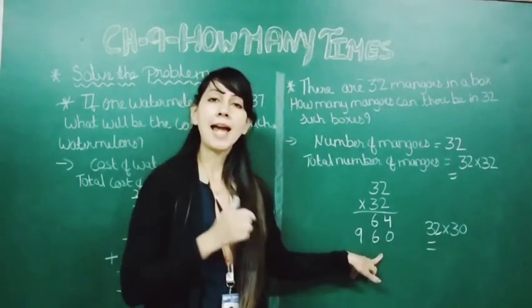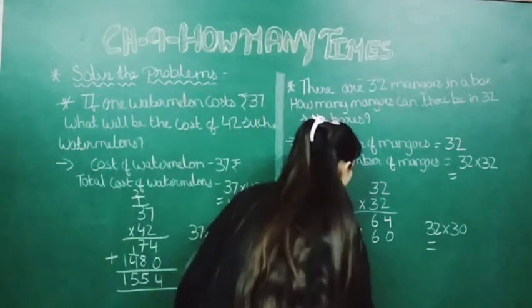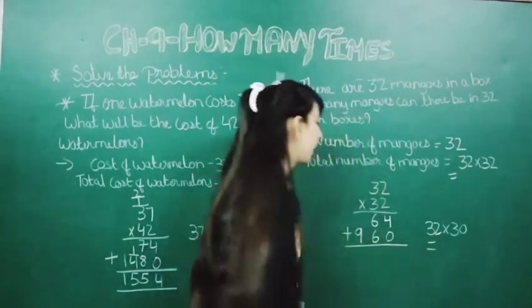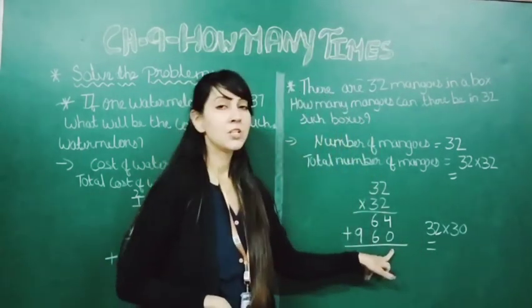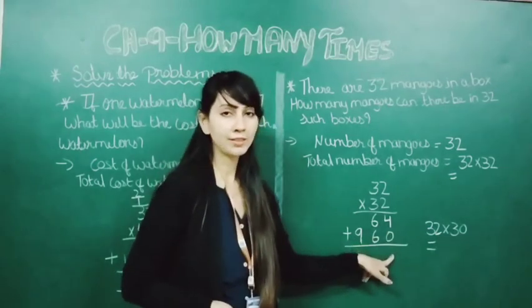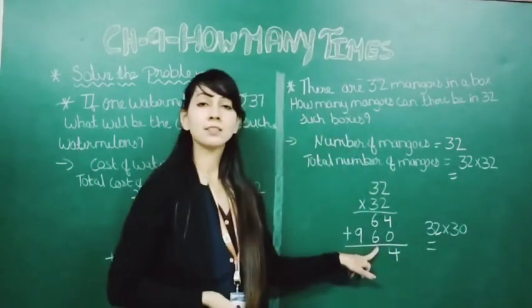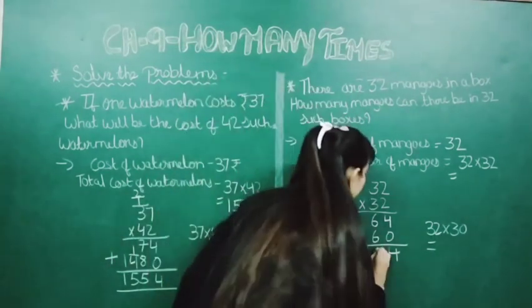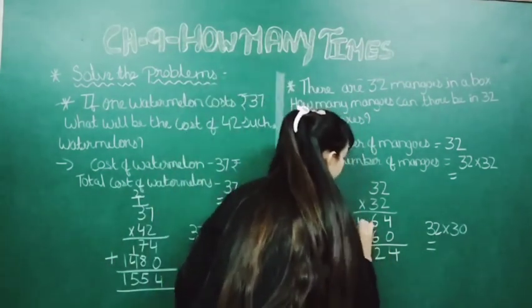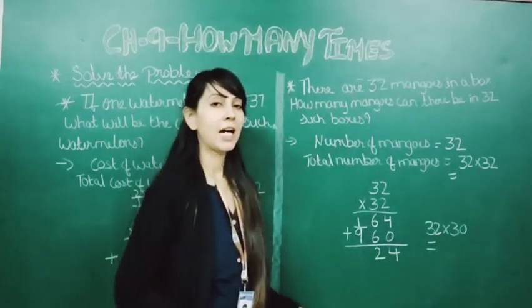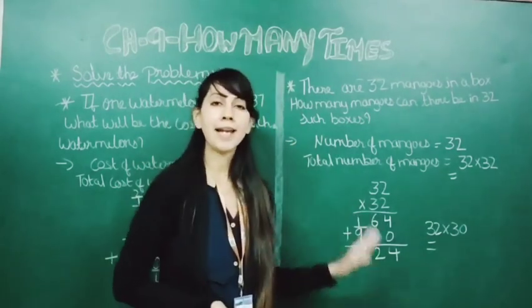Now we will just add this. Okay. We will do addition of this. Now here 0 is there. So here it will come 4 only. Yes. Now 6 plus 6 is 12. So here we will write 2 and here we will carry 1. Okay. And now 9 plus 1, 10.